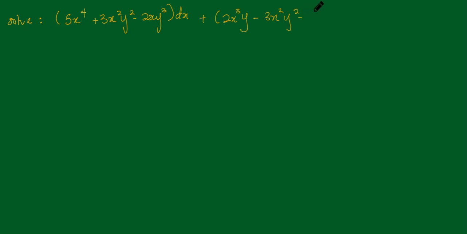So we're required to solve 5x raised to the power 4 plus 3x squared y squared minus 2xy cubed dx plus 2x cubed y minus 3x squared y squared minus 5y raised to the power 4 dy to be equal to 0.